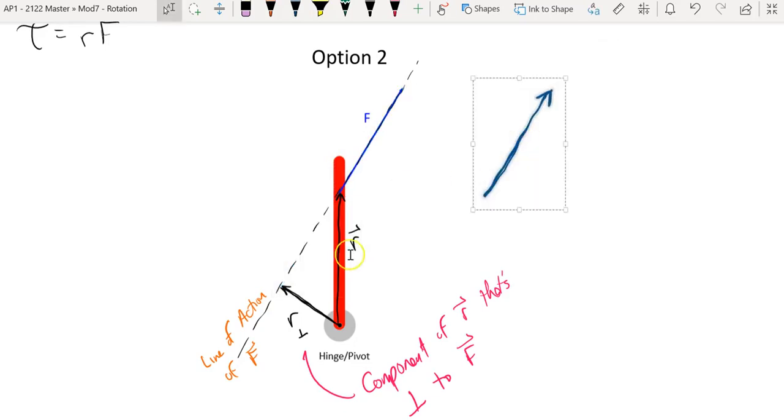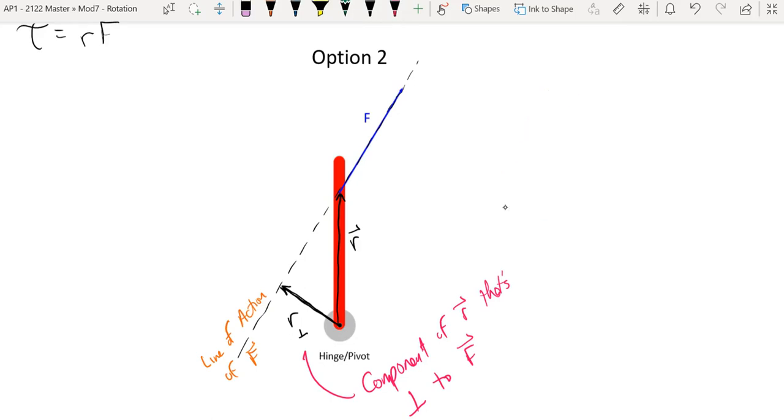The way this thing is set up with F acting here at that distance R, it's the same amount of torque as if the whole force F acted at this perpendicular R.